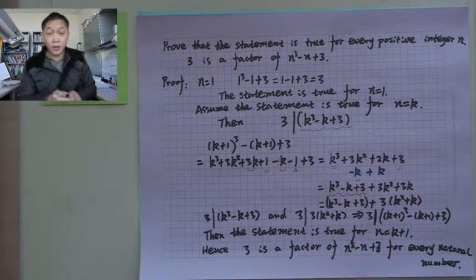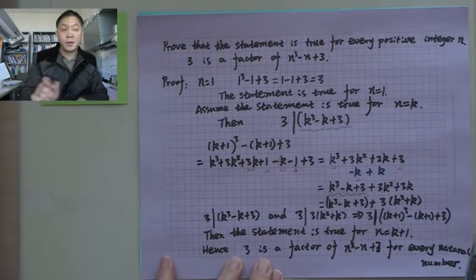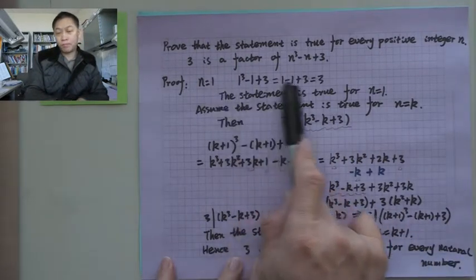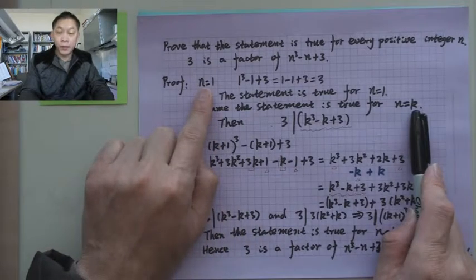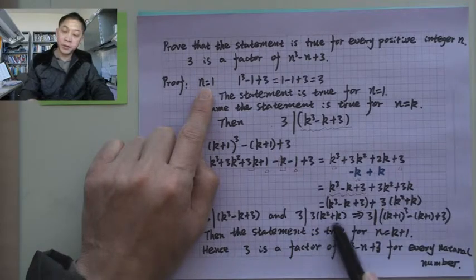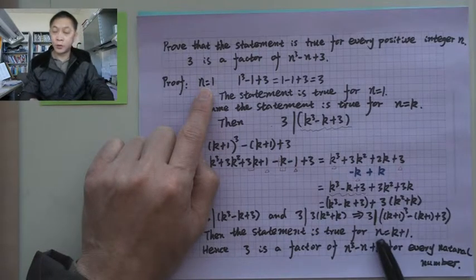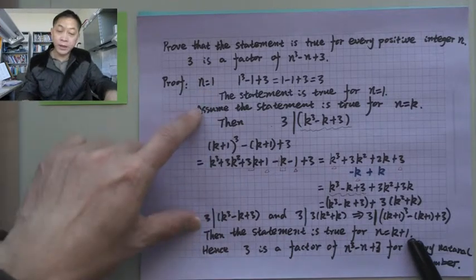The reason, again, is because of what? We have a base, and k can choose 1. If k is 1, k plus 1 is 2, so the statement is true for n equals 2. And then go through this loop again.